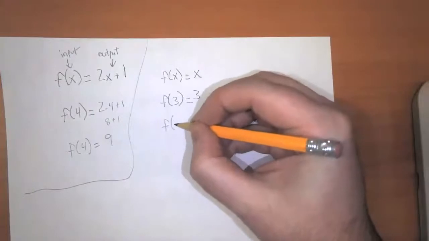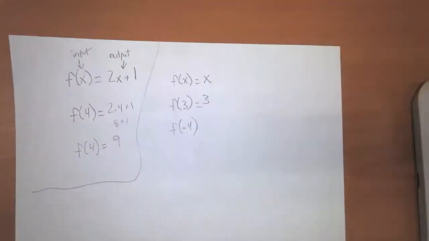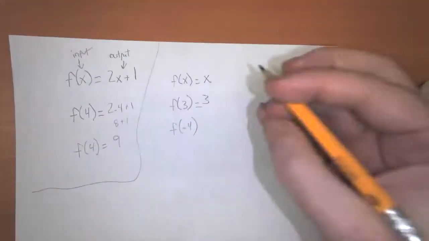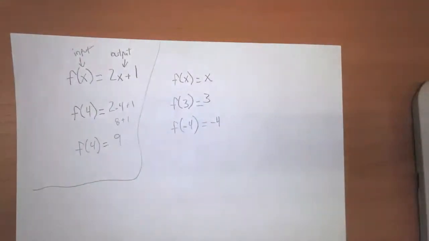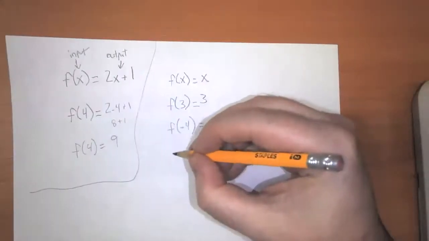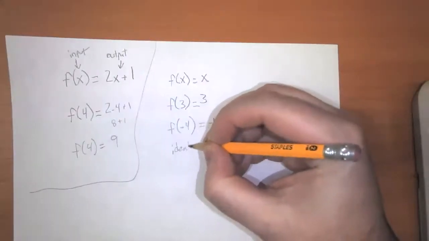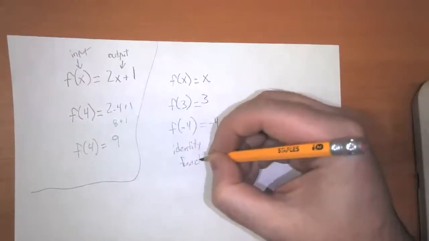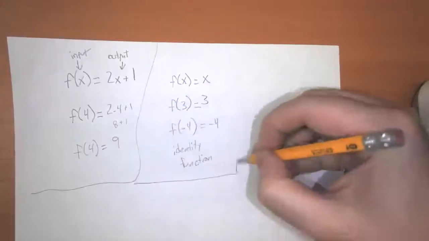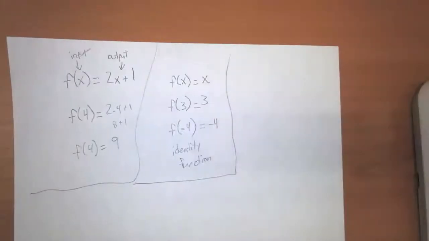And what's f of negative 4? Again, you just substitute negative 4 in for x. There's nothing else to do. All right, so this is a function where the input and output are the same. Okay, our fancy name for this is the identity function, because whatever the output is identical to the input.